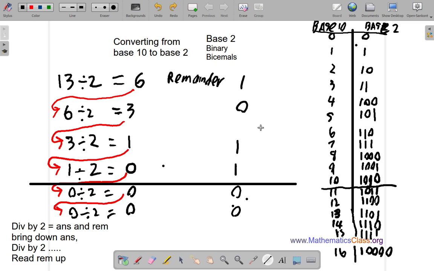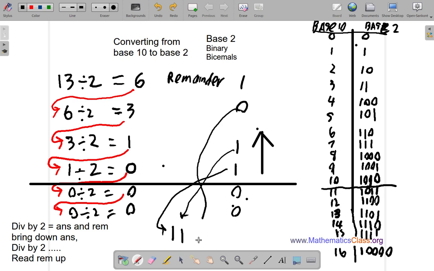Now, you read upwards. The answer that you're going to get for the binary will be these digits. The first is a 1, and this here 1, and this 0, 0, and this one here 1.